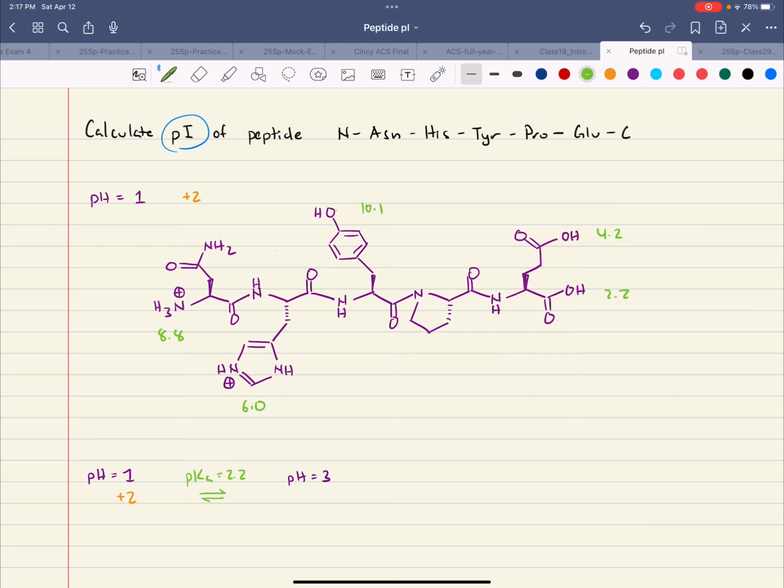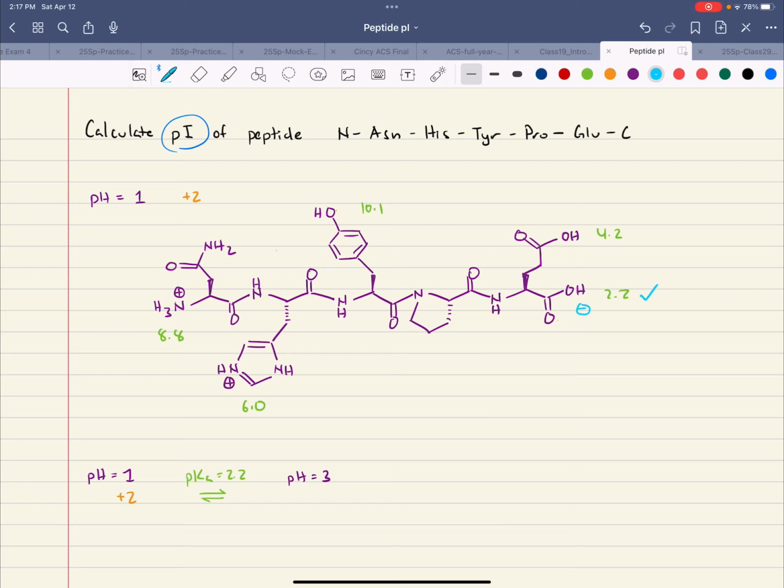So at pH 3, we are basic enough to remove this hydrogen here. So I'm going to put a little check mark here. Let me use a different color, this one here. Check mark there. And this becomes a negative.